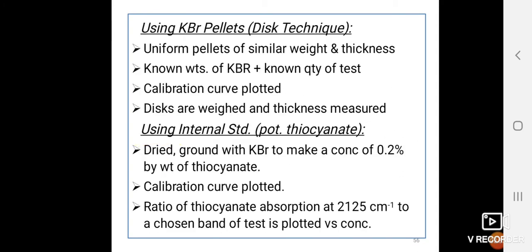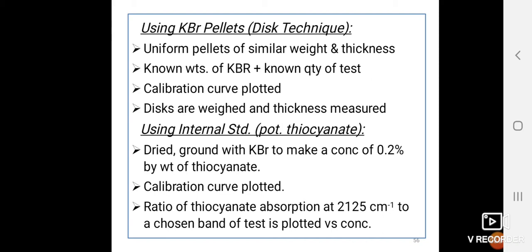People do this by using KBr pellets, or by using internal standards. KBr pellets are the disc method, in which uniform pellets of similar weight and thickness are taken, with known weights of KBr plus known quantities of the test material, and a calibration curve is plotted.